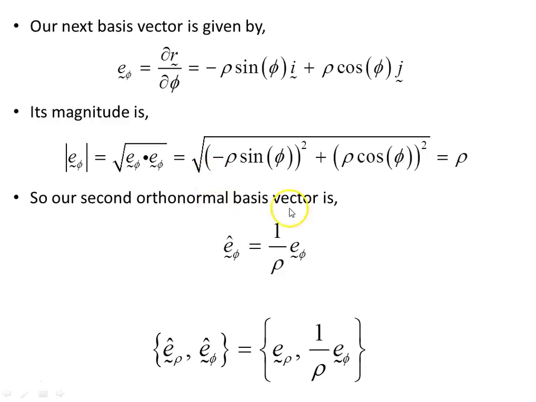So our second orthonormal basis vector, e subscript phi hat, is 1 on rho e phi, and that will give us a vector of unit length. So our orthonormal basis, and we only need 2 of them because we're in 2-space, e rho hat and e phi hat, is these 2 vectors here. This object here is now of unit length, and so it's the second basis vector in our orthonormal set.